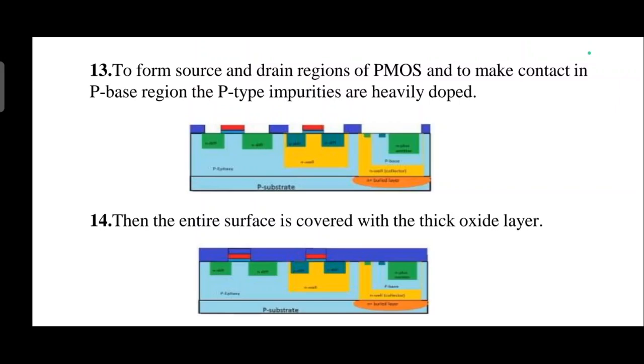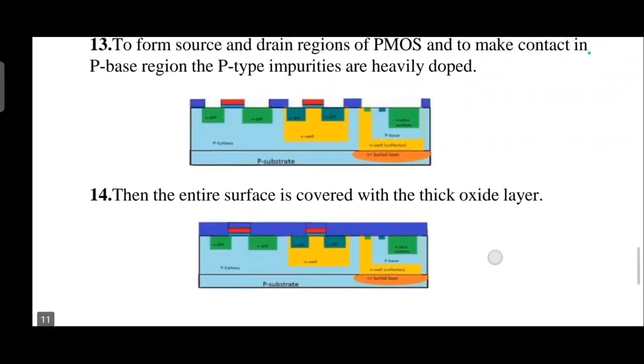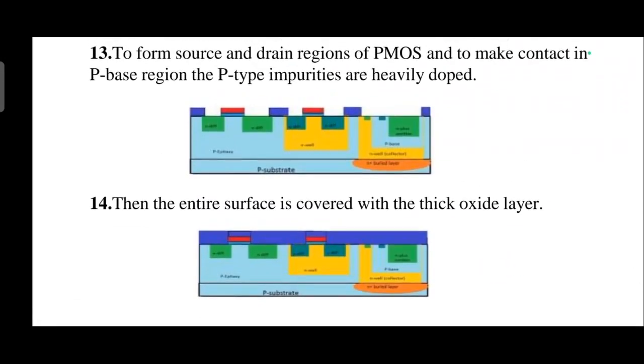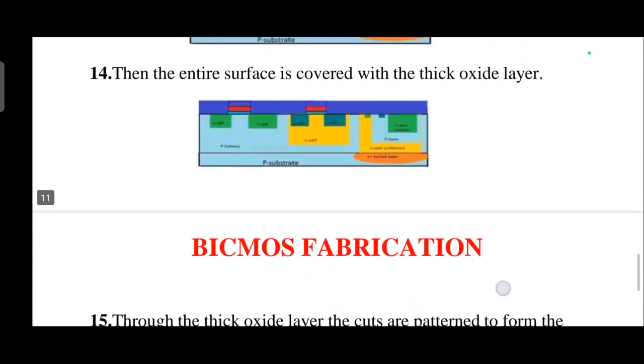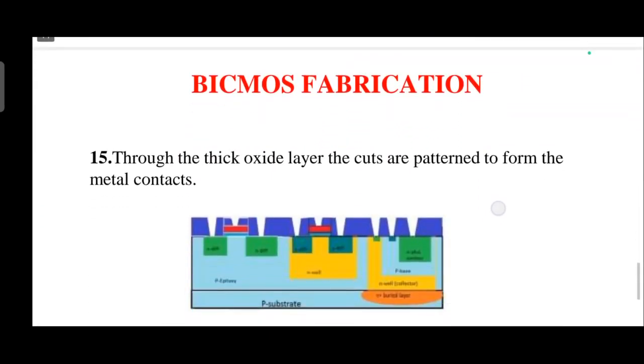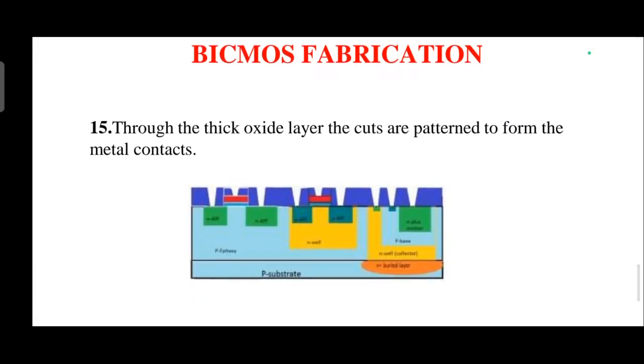Now the next thing we are going to do is the metallization process. For that purpose aluminum is deposited all over the surface, and then it is covered with a thick oxide. Once more all the steps are repeated, that means deposition of photoresist, then exposure to UV rays, and then etching away unwanted regions in order to create the patterns, where we are going to take the terminals outside.